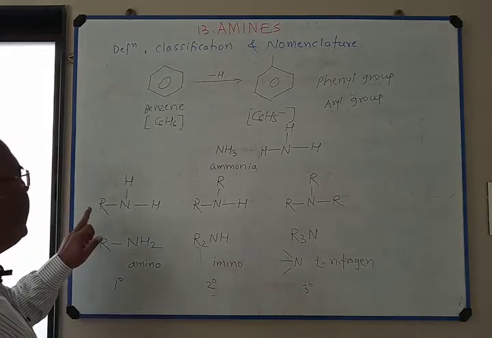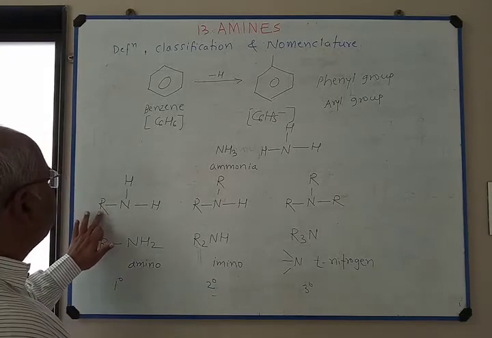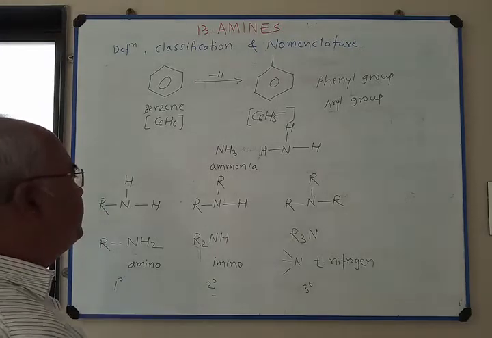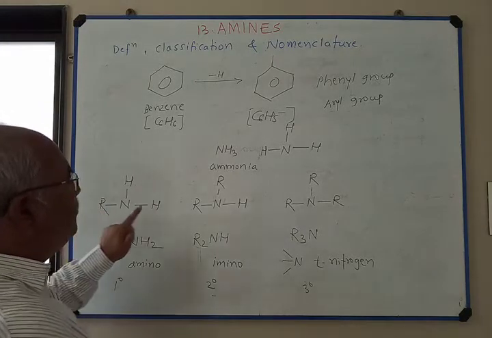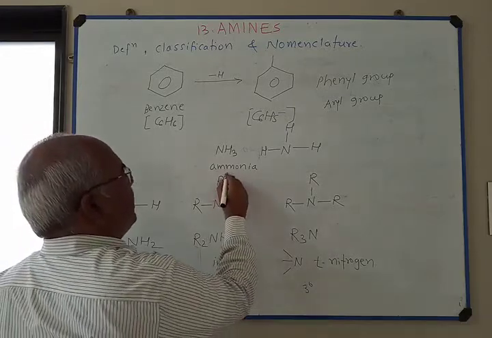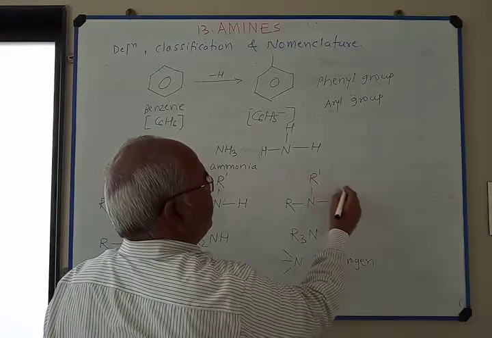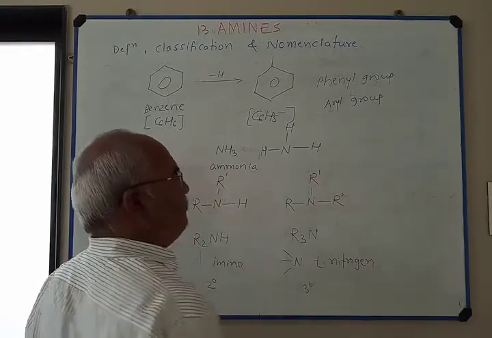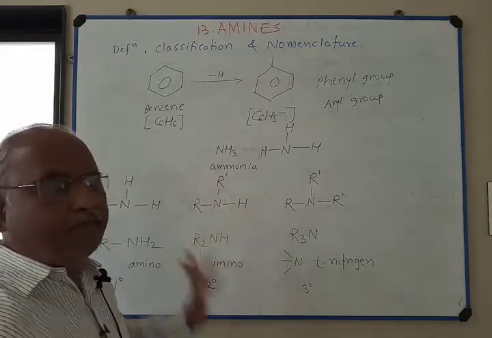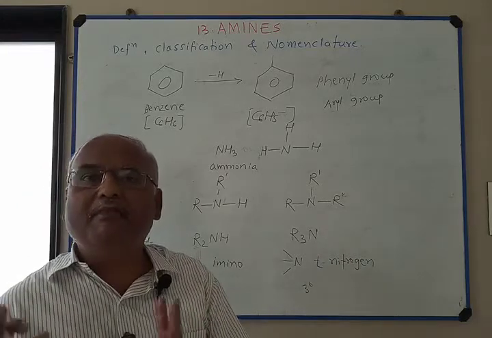So these are aliphatic amines because R represents aliphatic alkyl group. Here R may be same or different. Here we can use R or R dash. Here R, R dash and R double dash. If R and R dash are same, it is called simple or symmetrical amine.